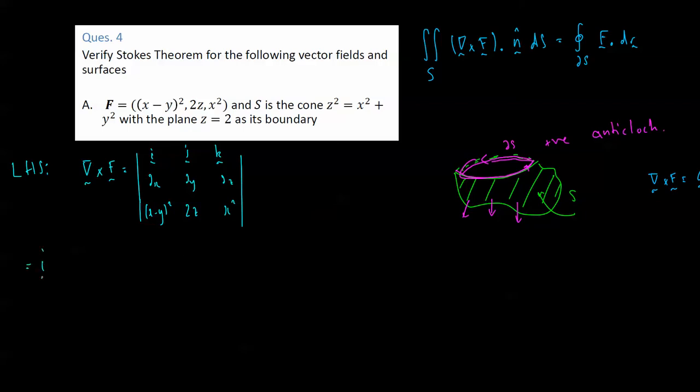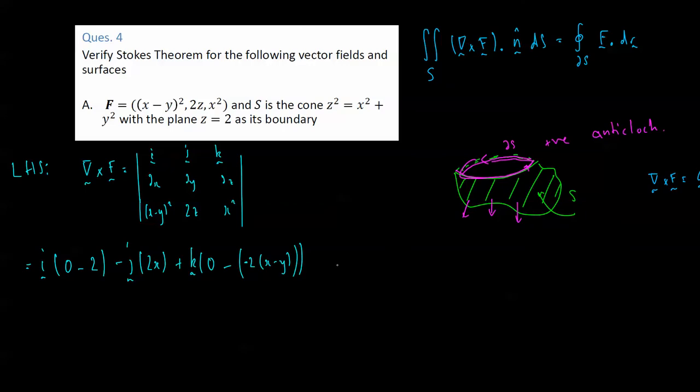So it's equal to i times del y of x squared, which is 0, minus del z of 2z, so that's minus 2. Then minus j, del x of x squared, which is 2x, minus del z of (x minus y) all squared, which is 0, plus k times del x of 2z minus del y of (x minus y) squared, which is 2 times (x minus y) times negative 1, because we've got the negative here.